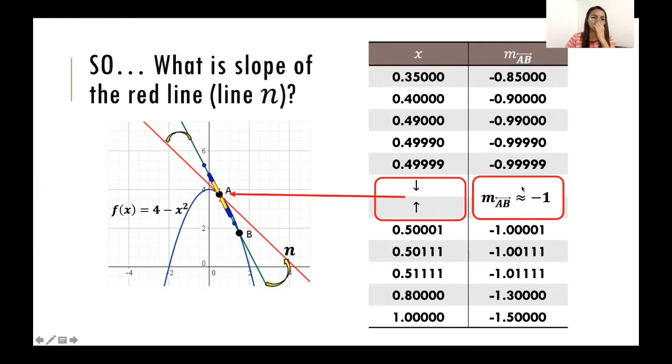Okay? So now, the question is, how are we going to solve for the slope, or what is the definition we will use to solve accurately for the slope of the line, the red line.